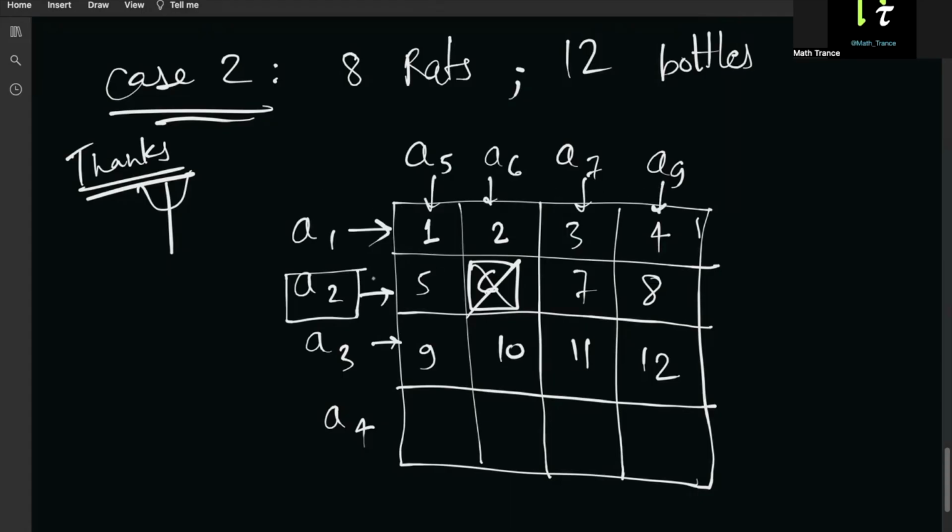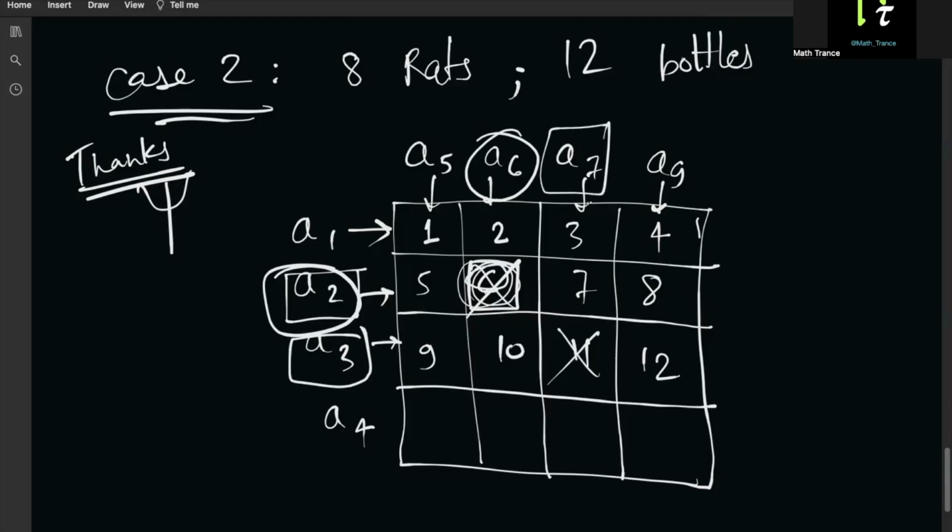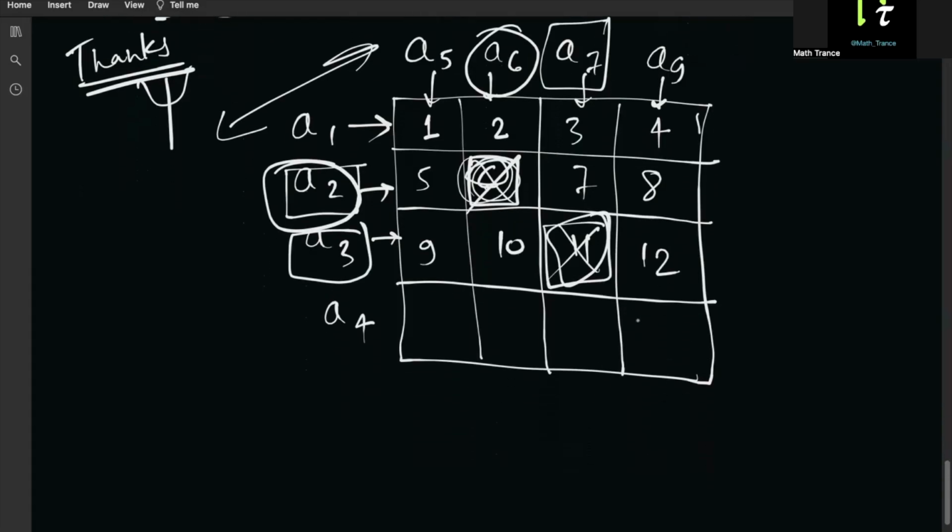So if suppose A2 and A6 die, that means bottle 6 was poisoned. Similarly, if the 11th bottle was poisoned, then only A3 and A7 will die, right? So each of these rat pairs will give me a specific bottle, and that's how I will figure out which bottle was poisoned. Okay, so thank you, Sai.